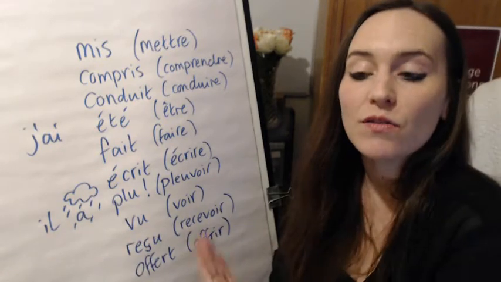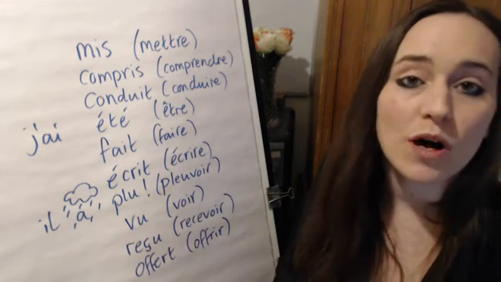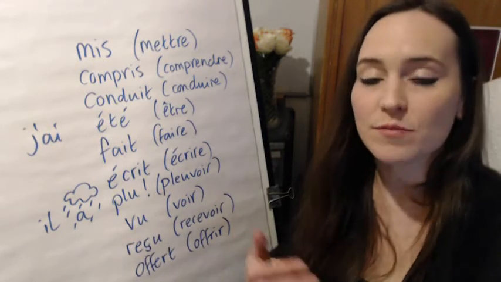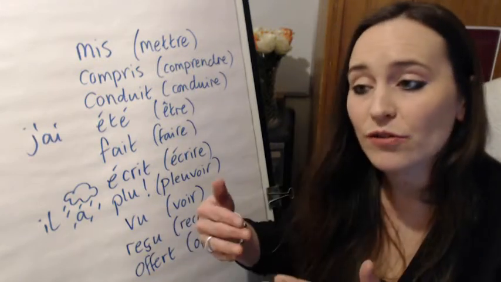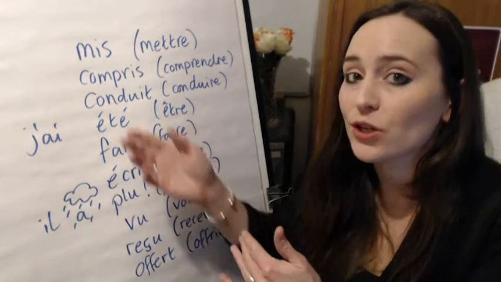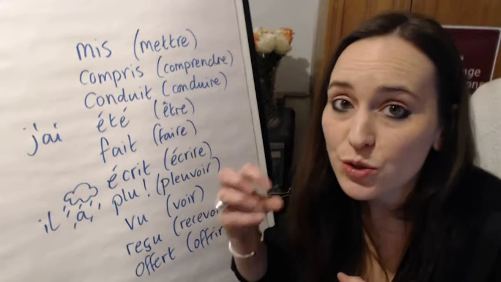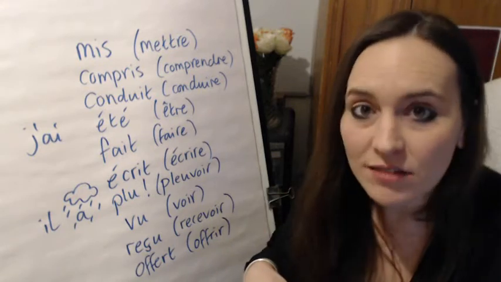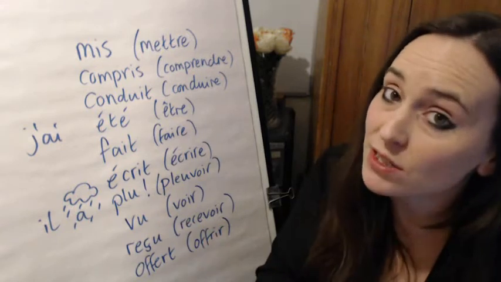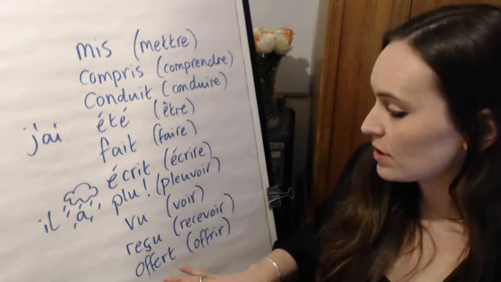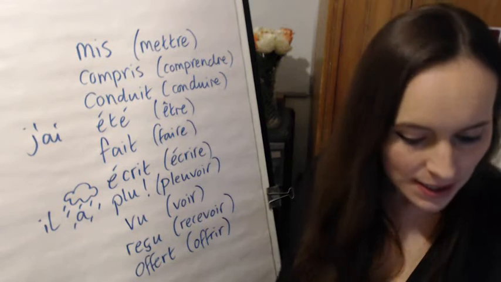Je lui ai offert quelque chose à boire. When you offer something to someone, you'll use it with an indirect object pronoun because you're offering it to him, to her. So when I mentioned je lui ai dit quelque chose, that lui means to him or to her, and that's an indirect object pronoun. So that's another one of those that is worth knowing.